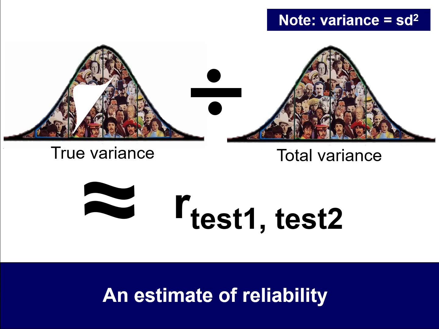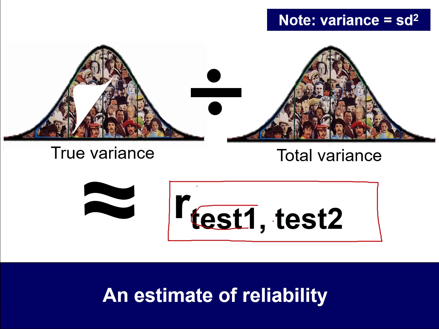And if I do that, we could show that the correlation between those two assessments is actually a good estimate of reliability. So on the screen here, I have R test 1, test 2. And that's the correlation between test 1 and test 2.